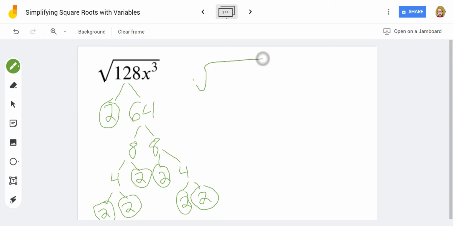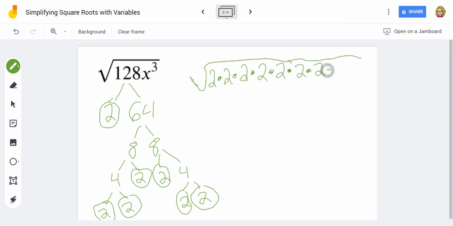So I'm going to rewrite that square root with the 7 2's.